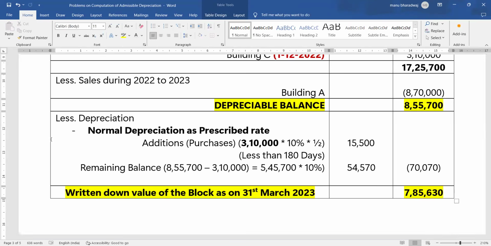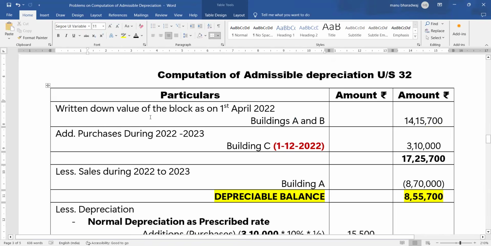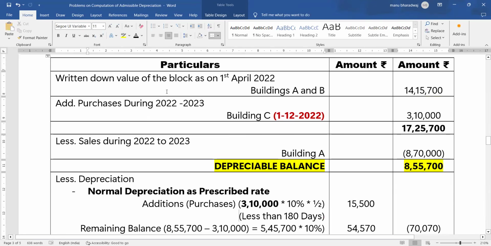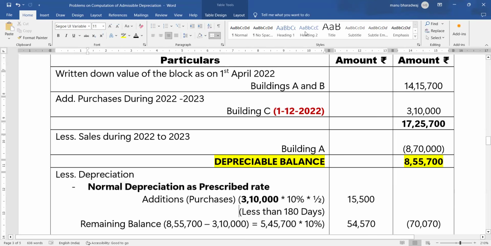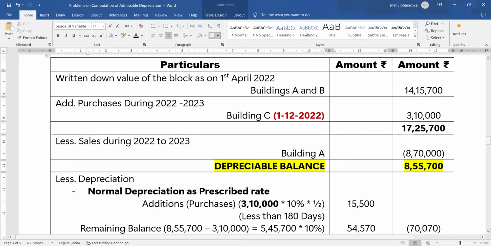So maybe you would have got a doubt in the depreciation. So I'll explain this once again. Usually, if the asset is purchased and used throughout the year, you will charge full depreciation. But in this question, the asset is purchased on 1st December 2022, which is less than 180 days, isn't it?